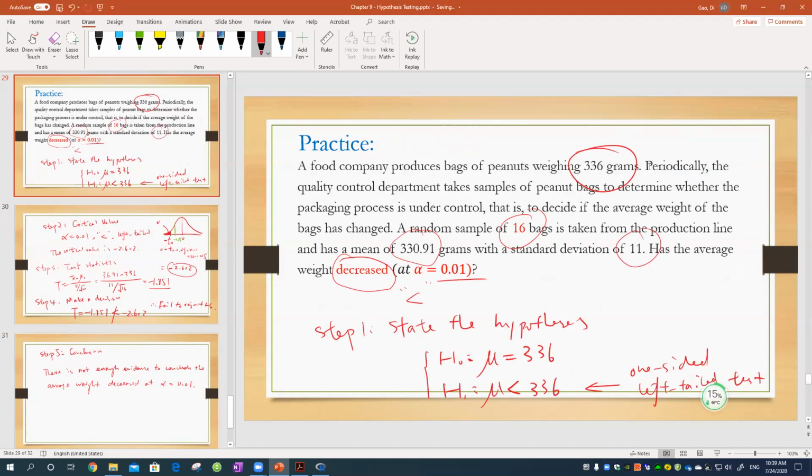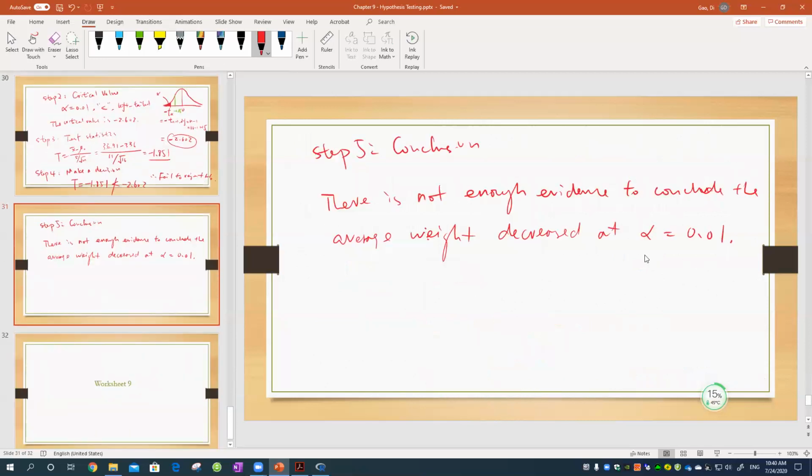So if you look at this example, 336 is the target number that the quality should be, and then we got a 16 bag sample, and an average of 330.91. The average we got is actually smaller than 336. But although it seems like it's less than 336, when you go through the whole testing process, your conclusion will still be that it doesn't mean the average weight decreased.